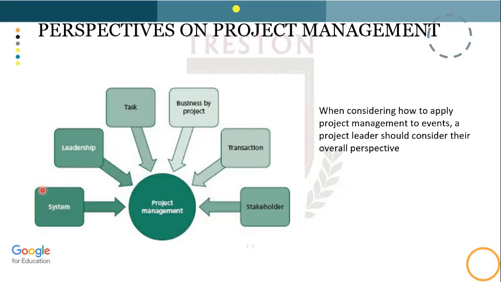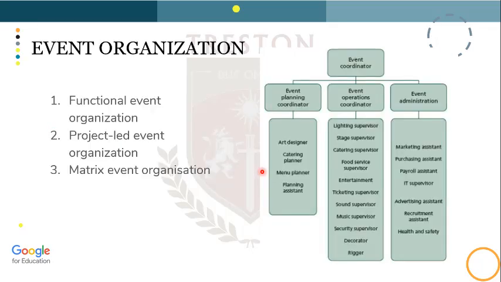You should look at your system, how leadership is being run, what the tasks being given are, what the projects are, the mini projects among one of the big projects, what the transactions being done are, and who the stakeholders are.